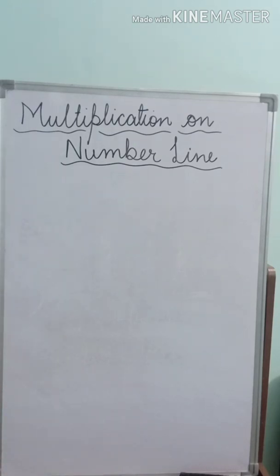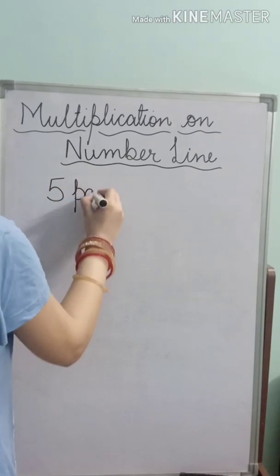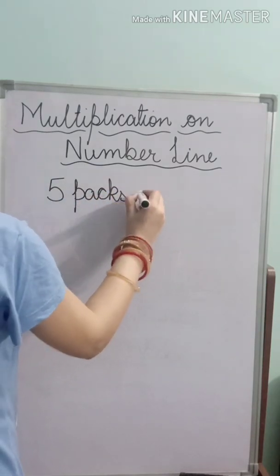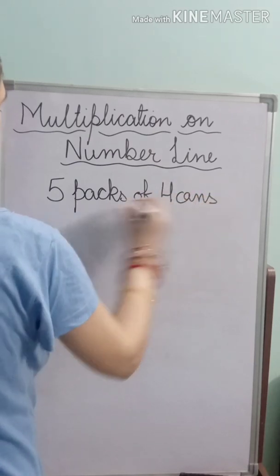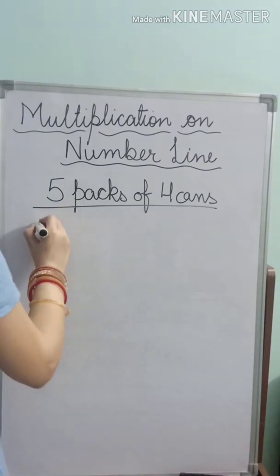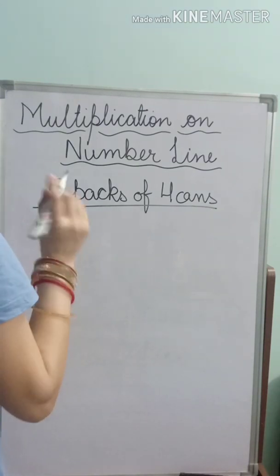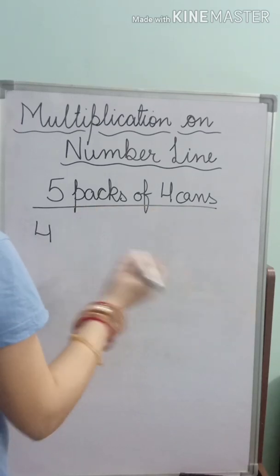So, there were 5 packs of 4 cans, right? That is 4 added 5 times, or I can say 5 times 4.